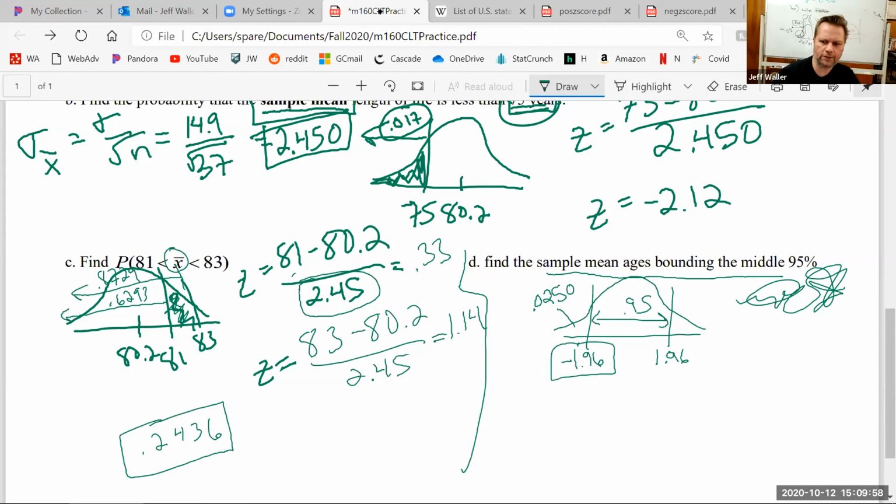So now what I've got to do is change both of those into sample means. I'm going to use the exact same formula, mu plus z sigma, but I can't use this, can I? I've got to use that. Same formula as before. I just have to use the right standard deviation, right? So it's going to be, what was the mean? 80.2, plus or minus.